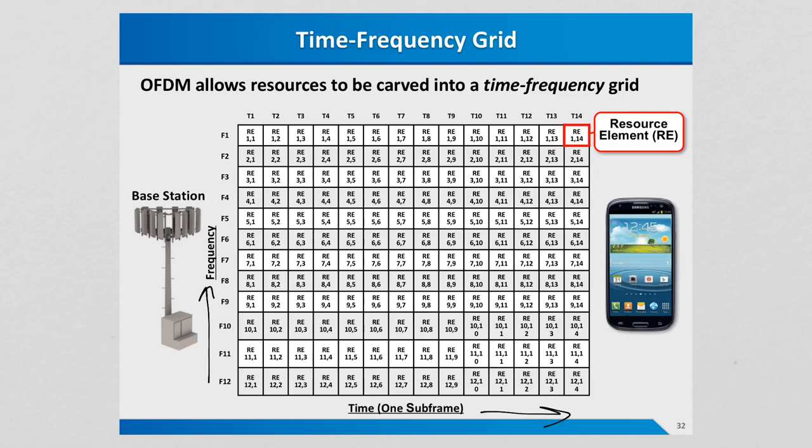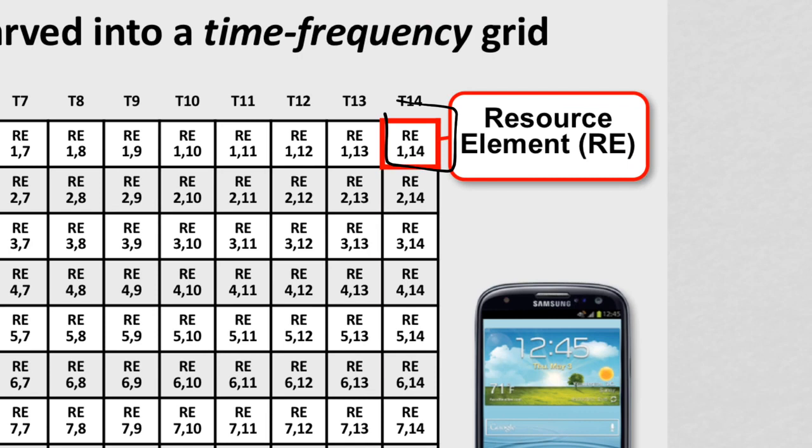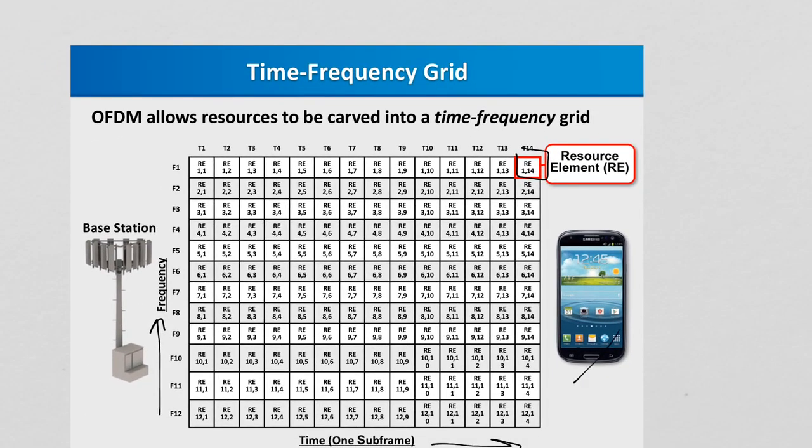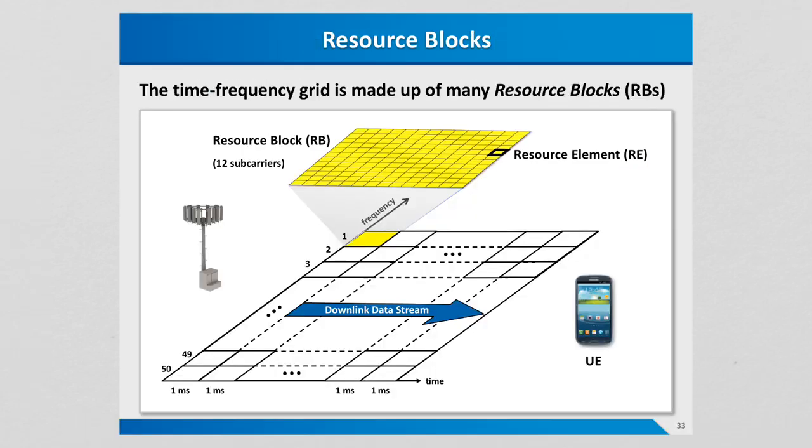The intersection of a time and a frequency is what's called a resource element, or RE. The resource element is really the fundamental component used by LTE. It's a fundamental component of scheduling, and you'll see that as I go through a little more detail on scheduling.